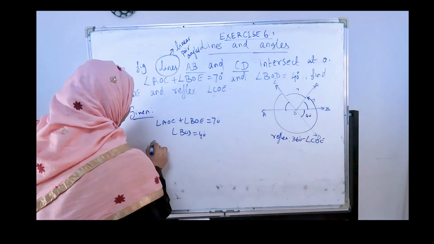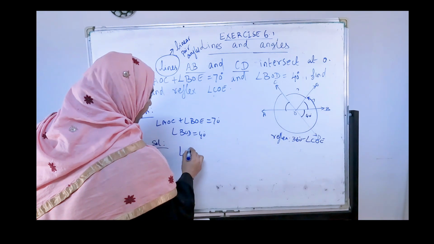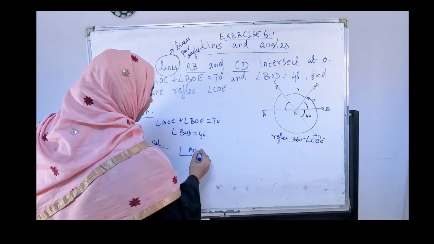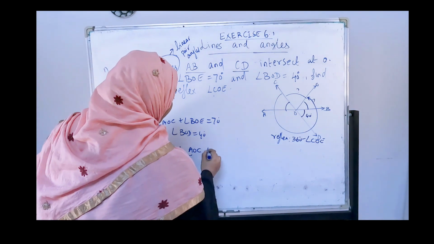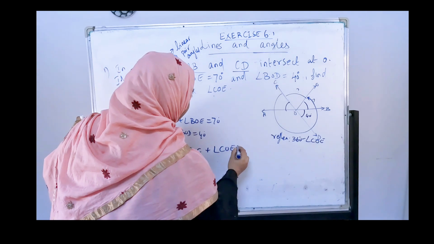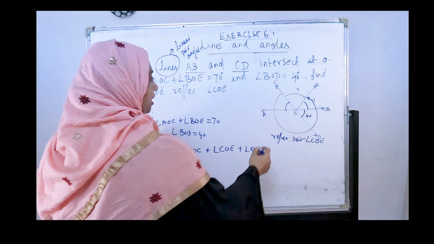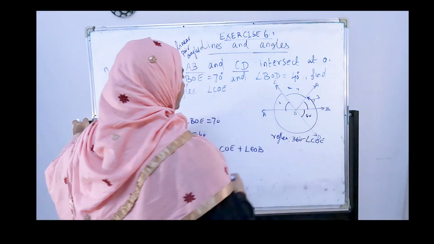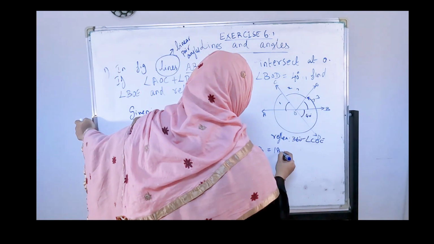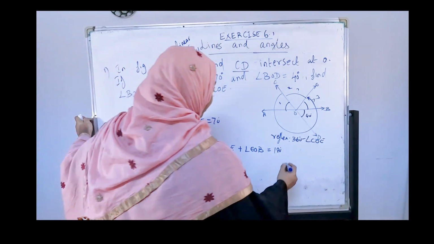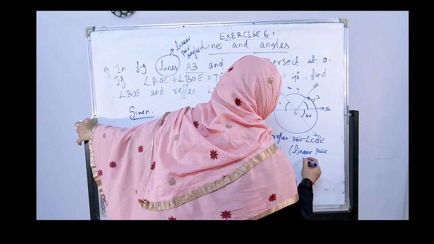So we will write the solution or proof: angle AOC plus angle COE plus angle EOB, these three angles combined together form 180 degrees, based on linear pair of angles.